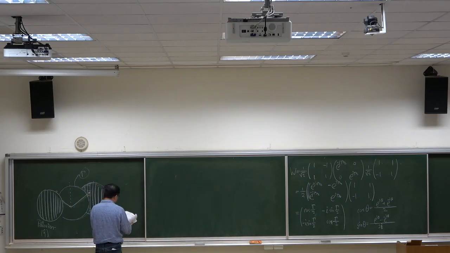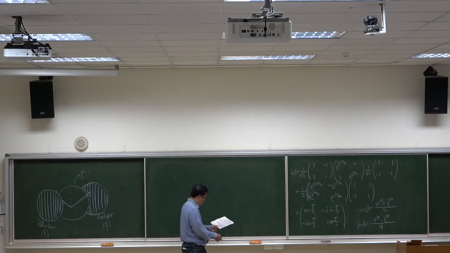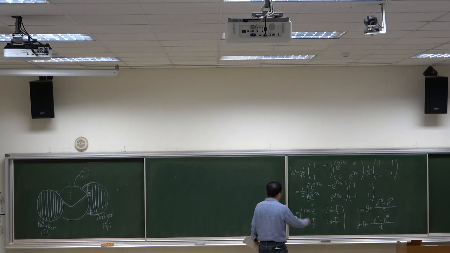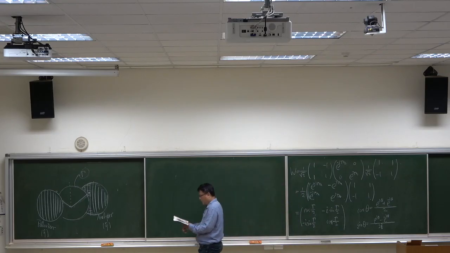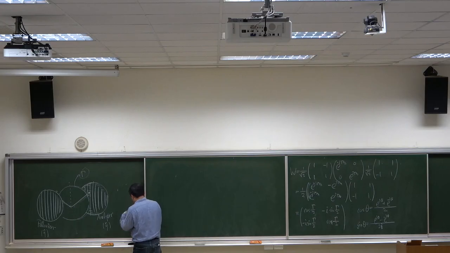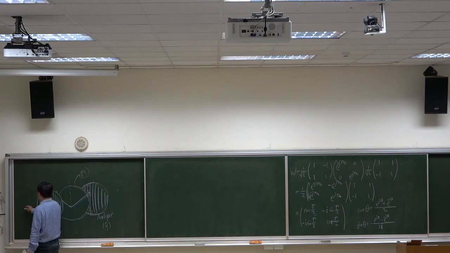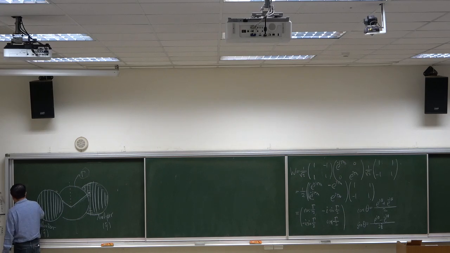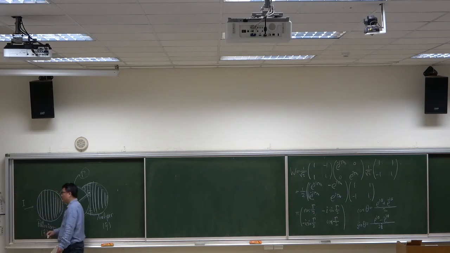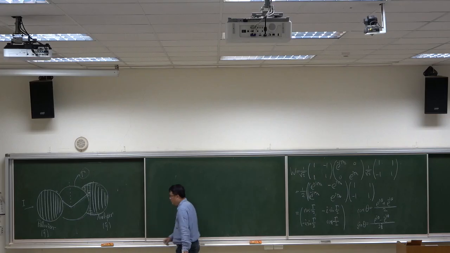So now we have this W. Then suppose originally we have a beam of unpolarized light. Okay.